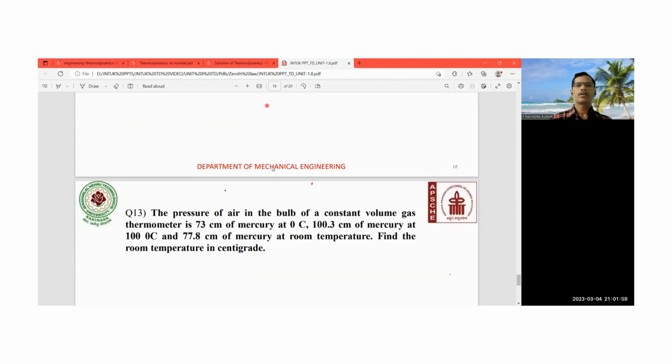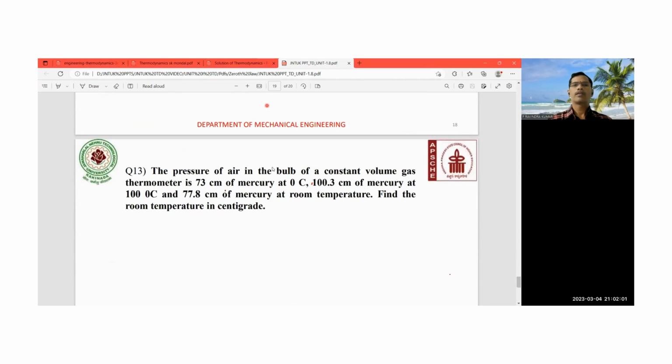Right? So here you can also do that particular case directly, because of the pressure of air in the bulb of a constant volume gas thermometer. So that temperature T is equal to pressure P minus P at the ice point divided by steam point minus ice point. So directly you can make the calculation.